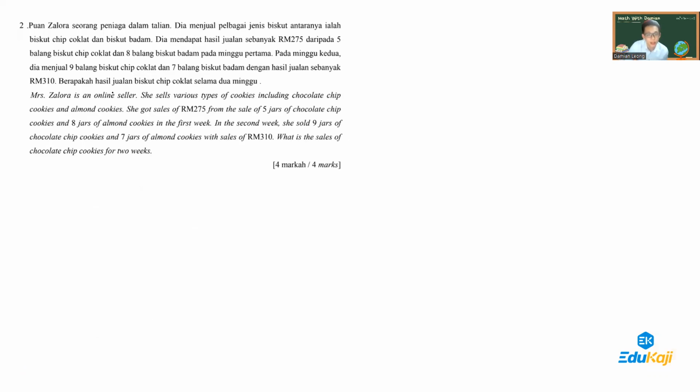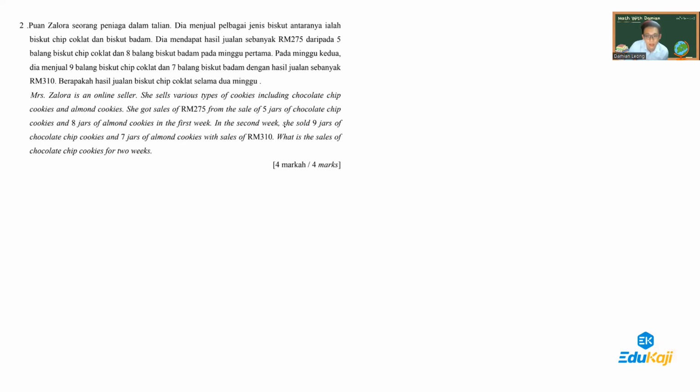Question 2. Mrs. Zalora is an online seller. She sells various types of cookies, including chocolate chip cookies and almond cookies. She got sales of 275 ringgit from the sale of 5 jars of chocolate chip cookies and 8 jars of almond cookies.